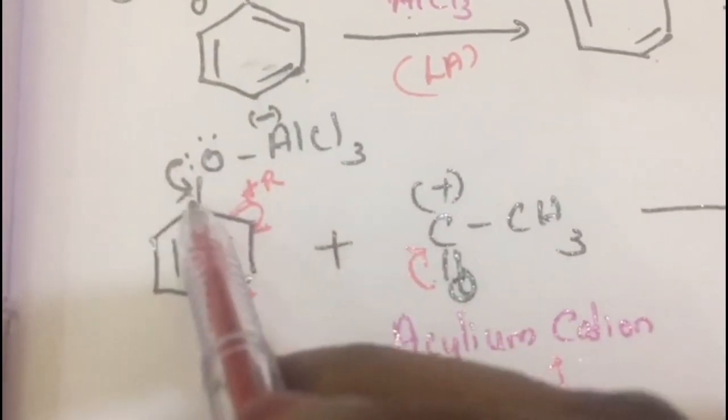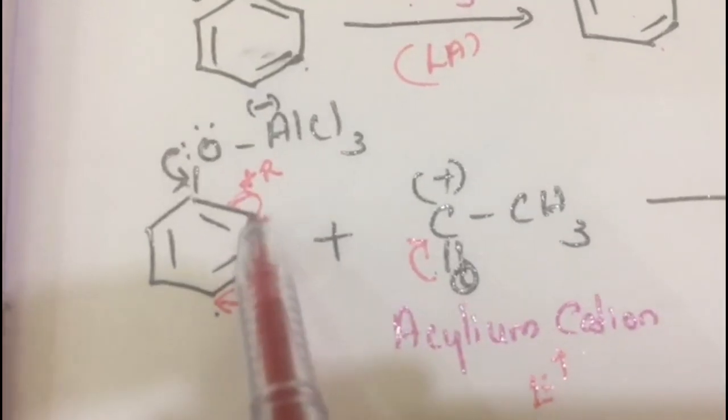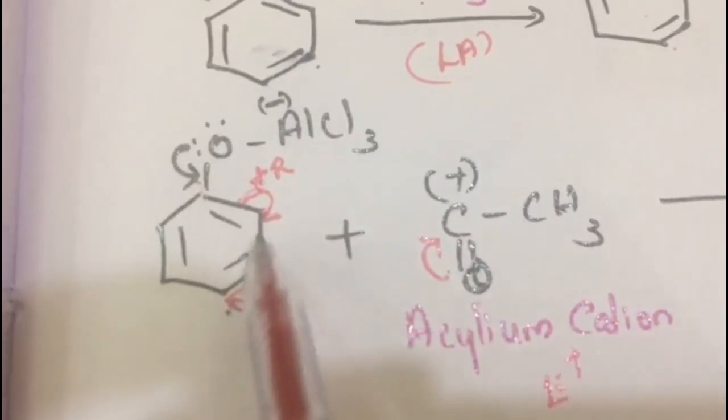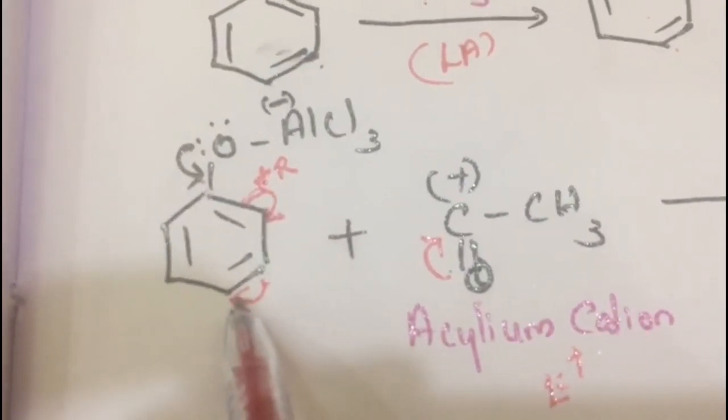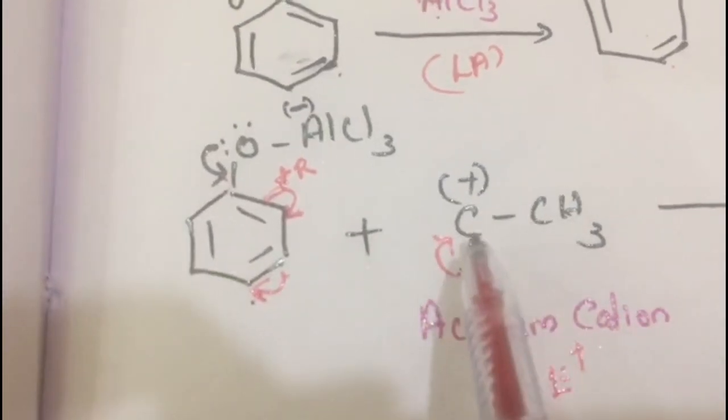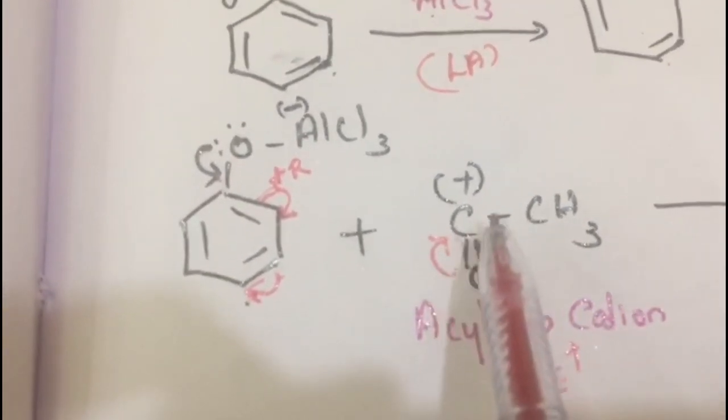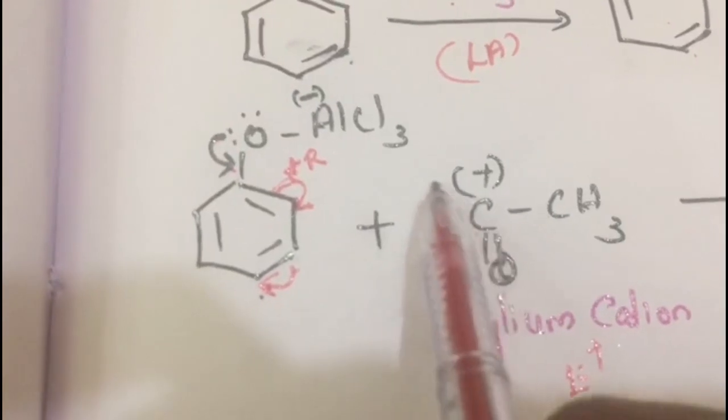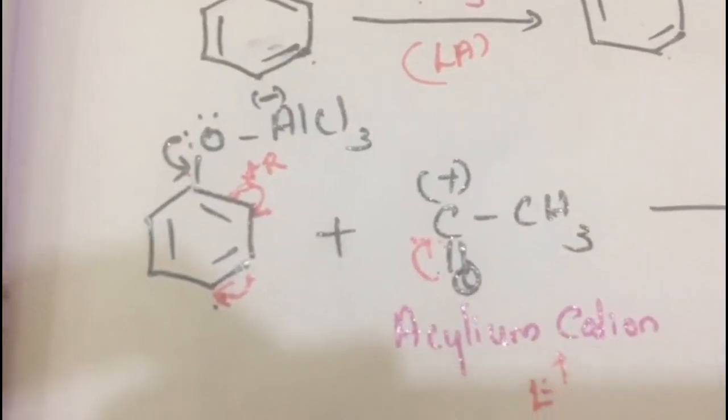Here, because of the plus R effect, this lone pair of electrons will move towards the ring. So ortho and para positions are more electron rich, and the acylium cation will move towards this ortho or para position.